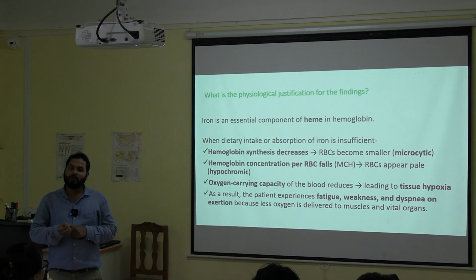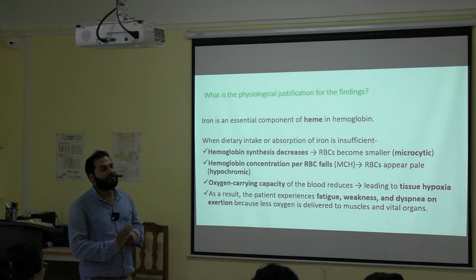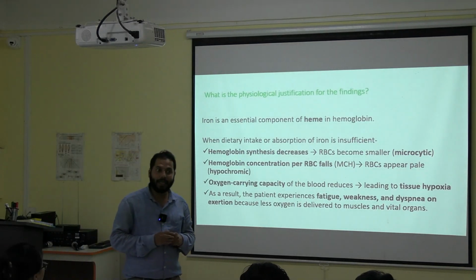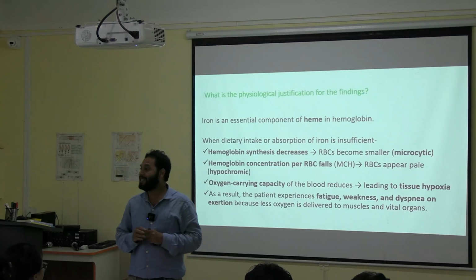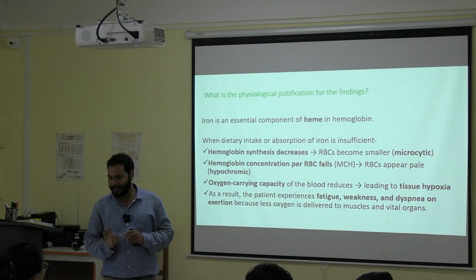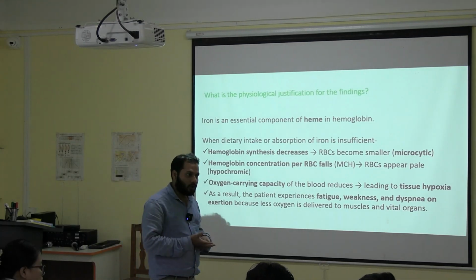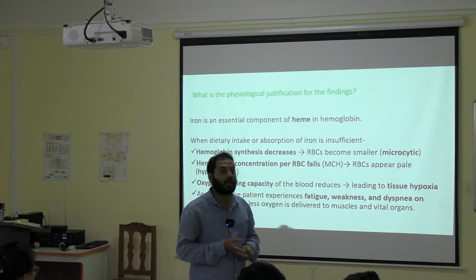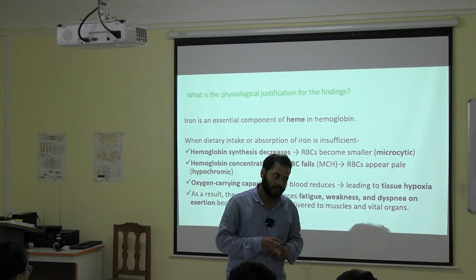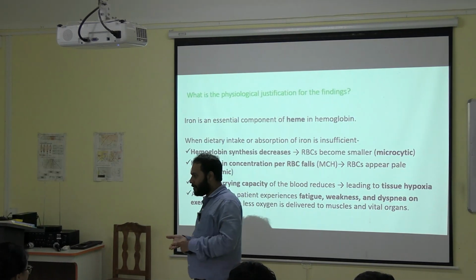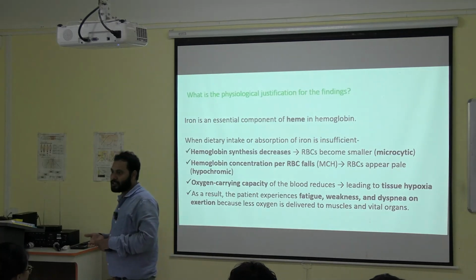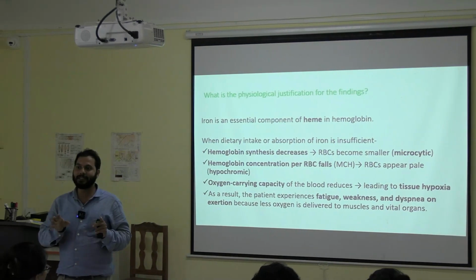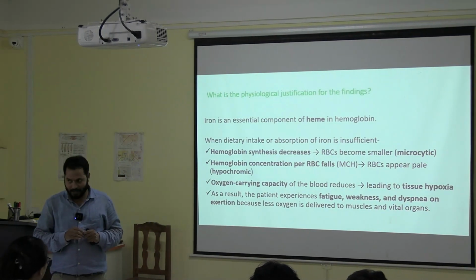as we know, hemoglobin is very vital for the body. Why? Because it carries oxygen, right? And that oxygen is delivered to the tissues or cells. For the proper performance of those cells or tissues, they need a sufficient supply of oxygen.